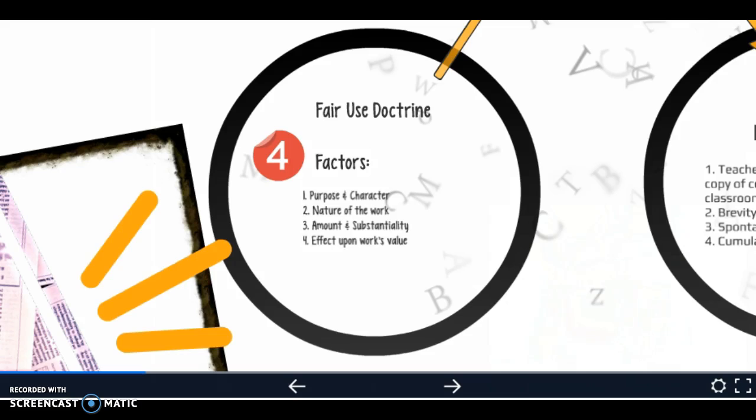Okay, the nature of the work. Mainly what we're looking at here in the nature of it is the content of what it is that you took. It doesn't necessarily matter if it was fact or fiction. It's looking into how you use the information, what you took it from, and finding out if that rightfully belongs in the public domain.